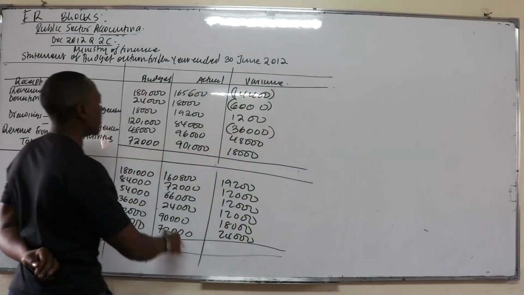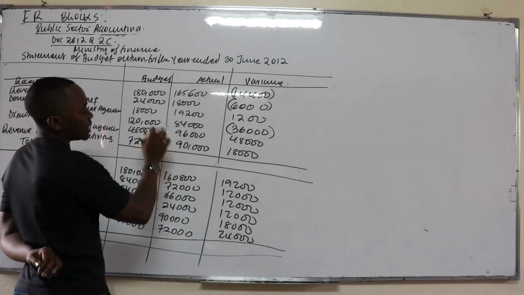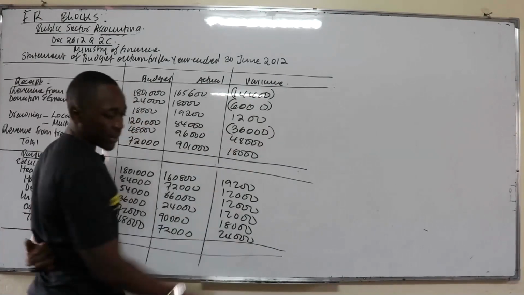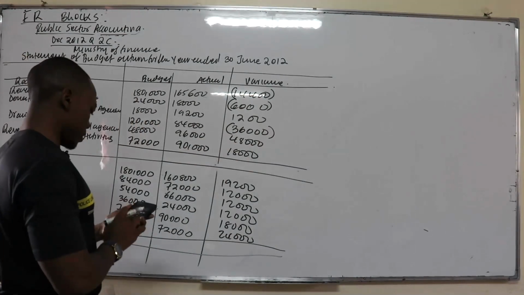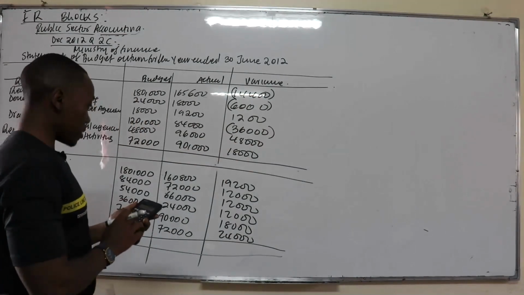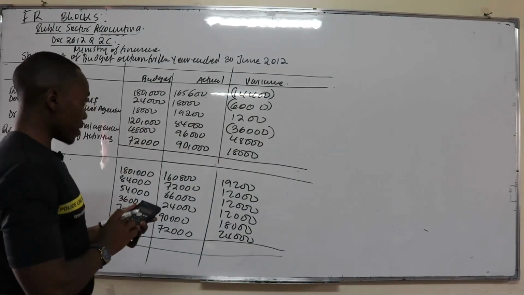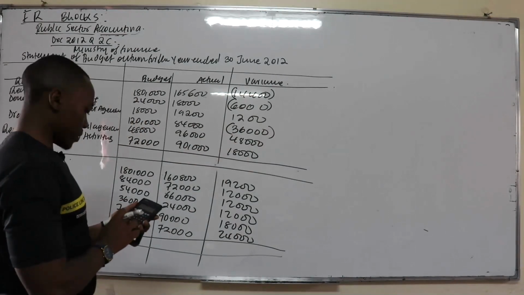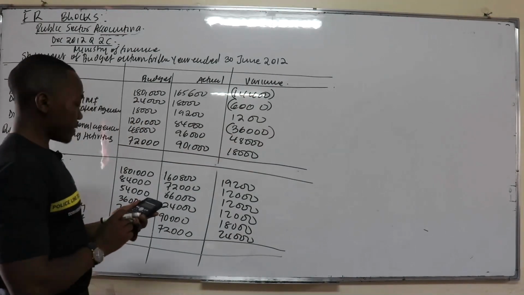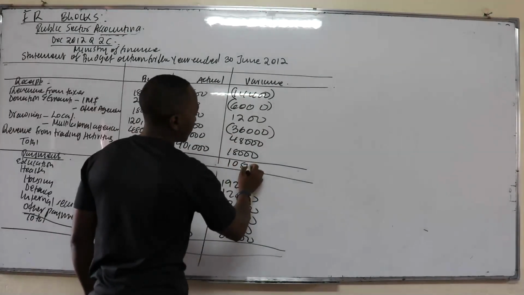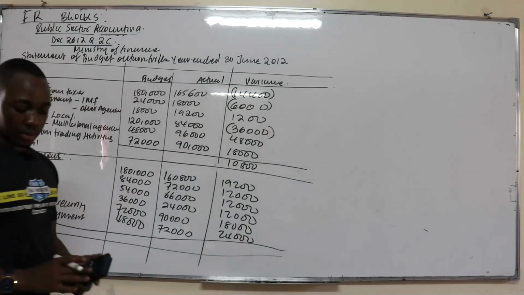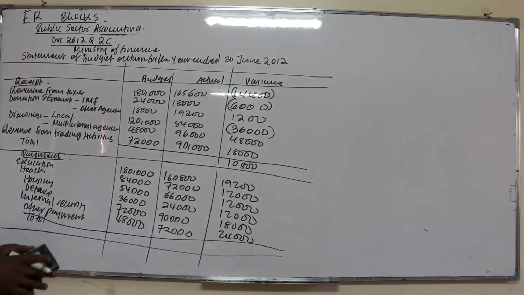So it's favorable. 72, you ended up getting 90. So that's favorable. So now let's get the net. And I'm getting an amount of 10, which is favorable. Then on the other side, now let's argue for the payments.